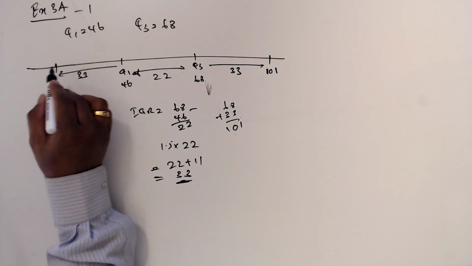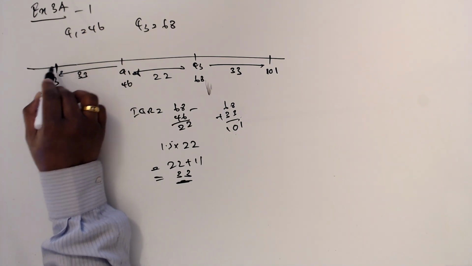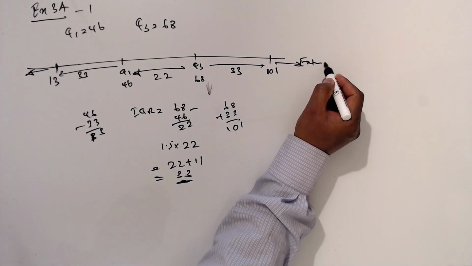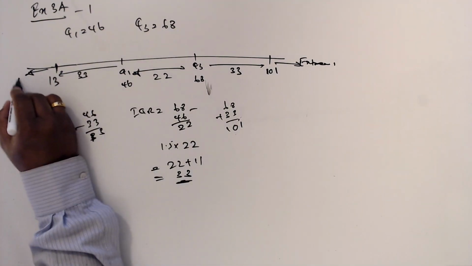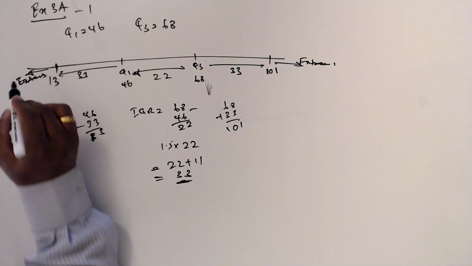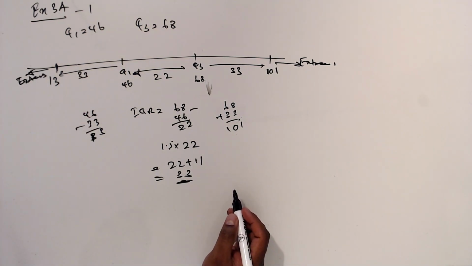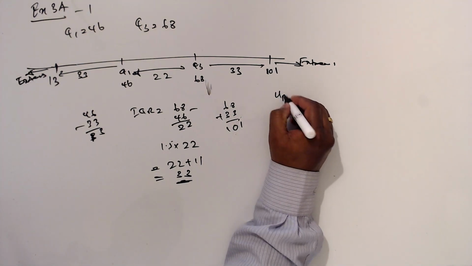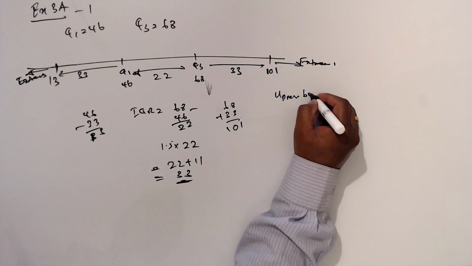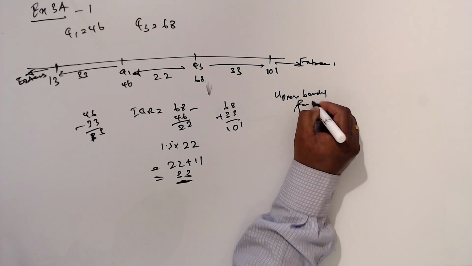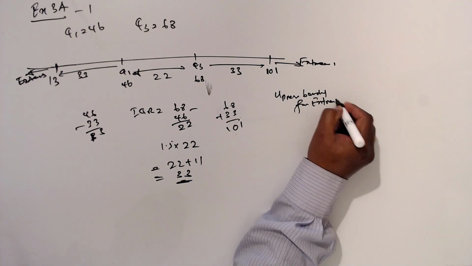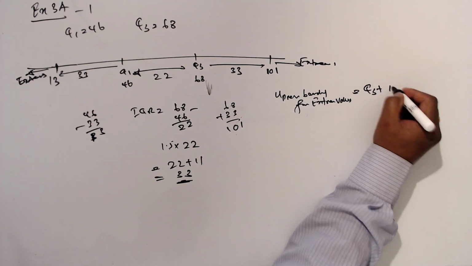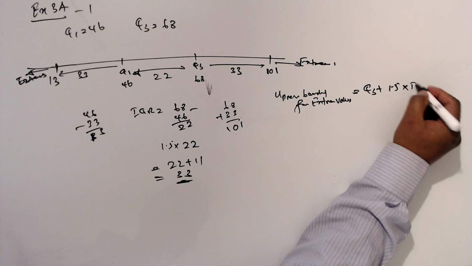So any data from this point onwards, they are extreme values, extremes. So upper boundary for extreme values, that is Q3 plus 1.5 times IQR.